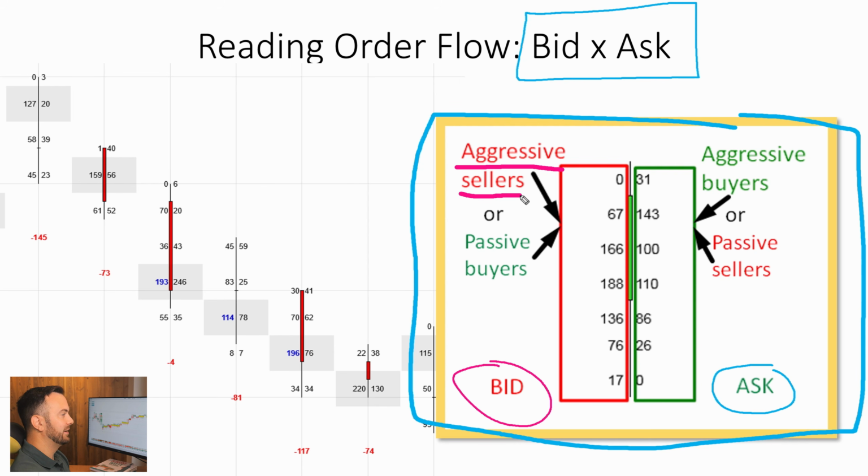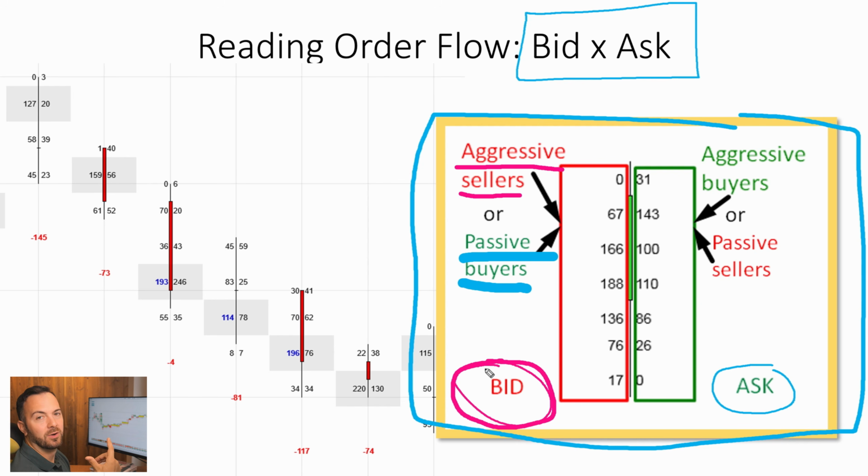That means sellers who enter their short position with market order, right? But the thing is that the bid side could also show buyers, and it shows passive buyers. So if somebody enters a long trade with a limit order, then it also shows on the bid side. That's the tricky part, that bid could show sellers as well as buyers, depending on what order they use, whether it's market or limit.